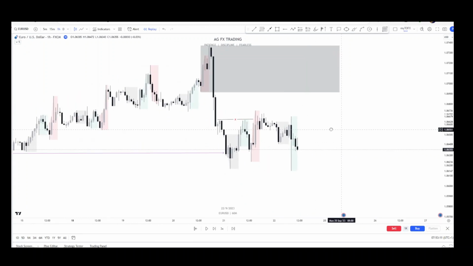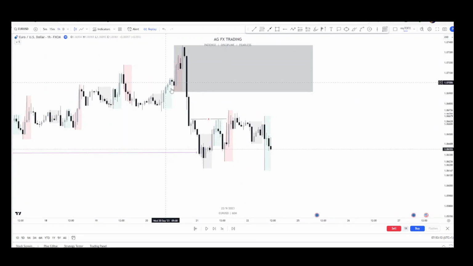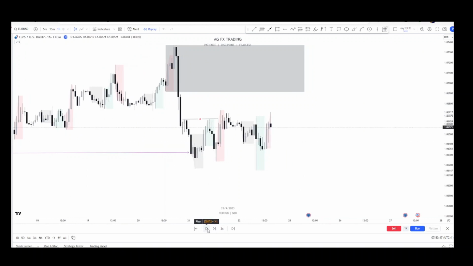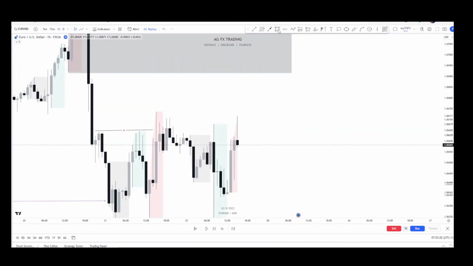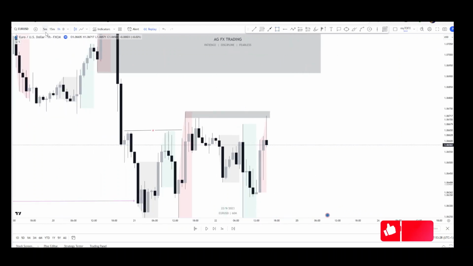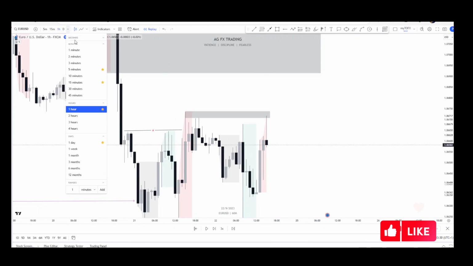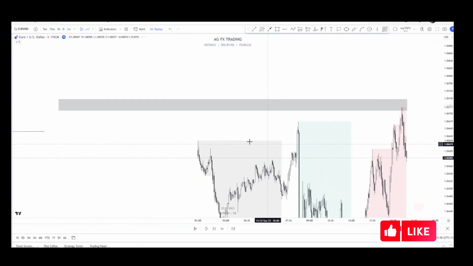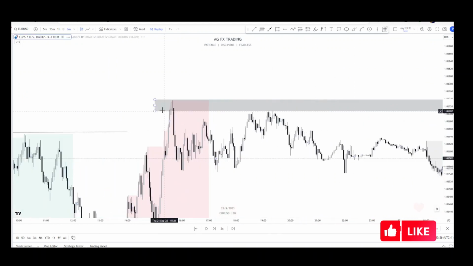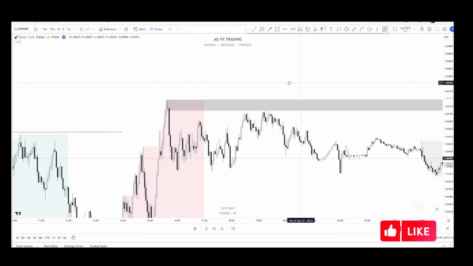Okay, so during the New York session, I waited for price to develop. In the previous video, I told you how I took the trade here. But if you look closely, we have this 3 minute order block here.